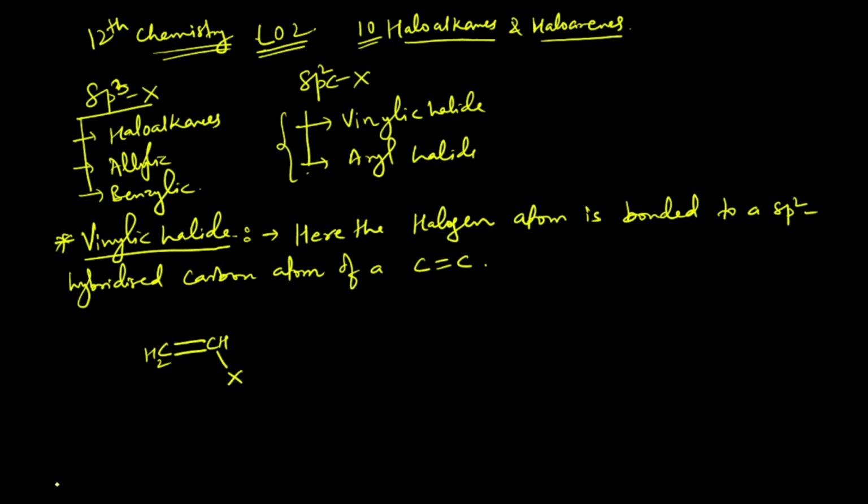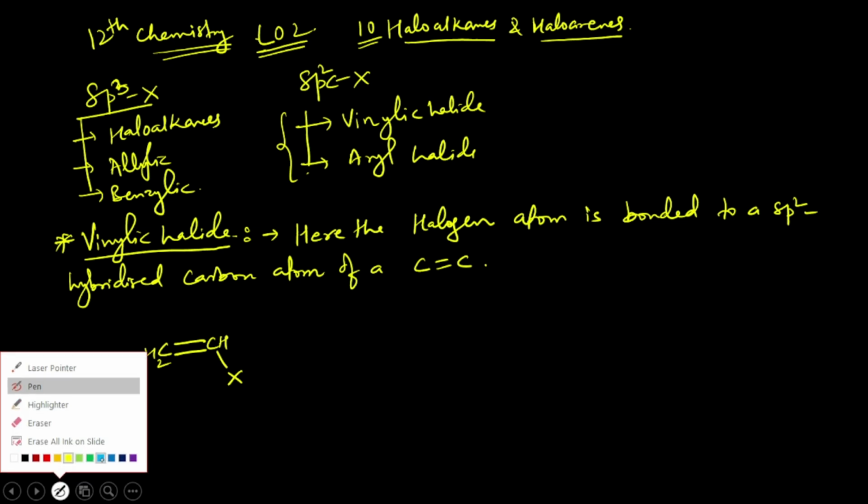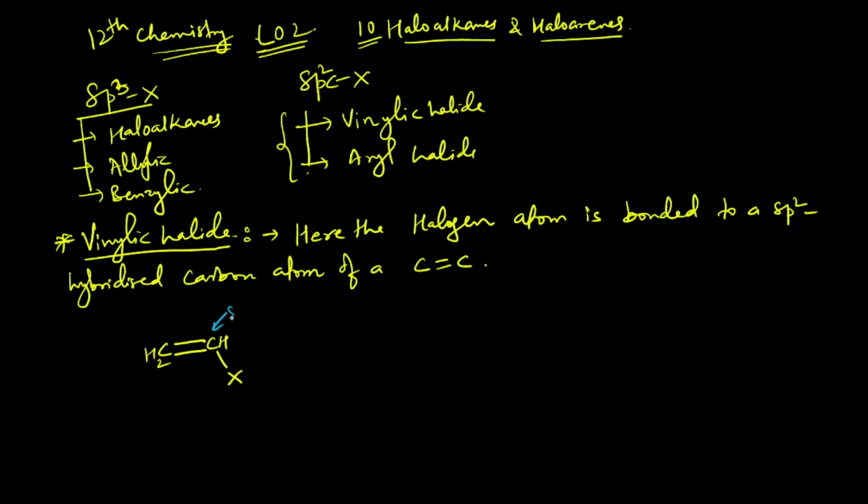The hybridization of this carbon is sp2, and this is also sp2. So either you add in this position or this position, both will be the vinylic position.